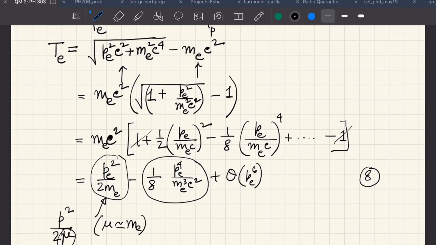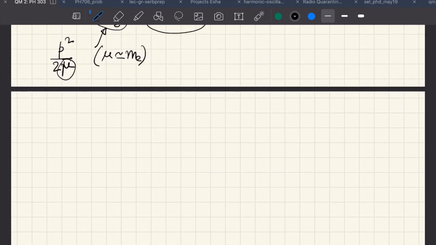So let us write down the full Hamiltonian then. H is written as h naught plus h1, and let me write this small r to represent that it is the relativistic correction. So we have p squared by 2 mu.